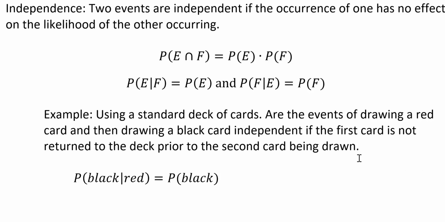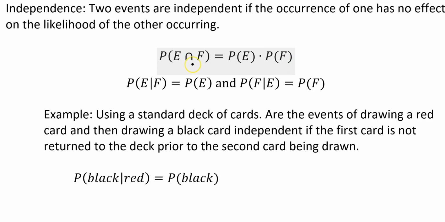And now I'd like to take a look at the formulas. Coming back up to the formula, it says, if you know the probability of the two events intersecting is equal to the first event multiplied with the second event, then you know that they are independent.